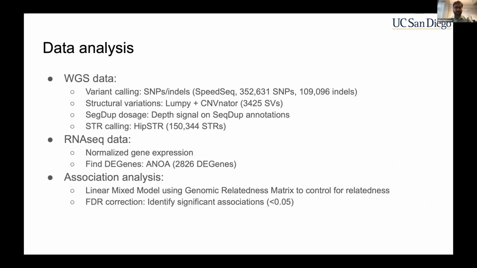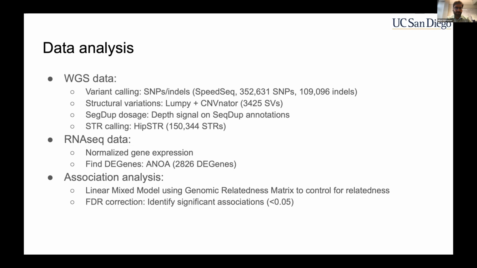The segmental duplication dosage was inferred from depth signal in seg-dup annotations, and STRs were also called by HipSTR. RNA-seq data was normalized, and we found about 300 DE genes among these substrains.